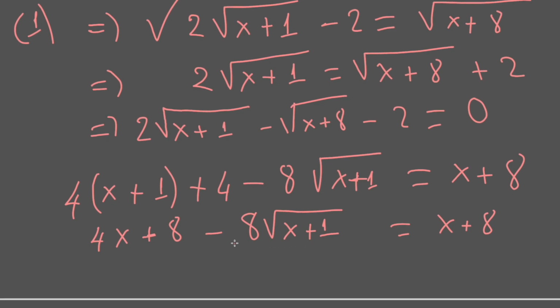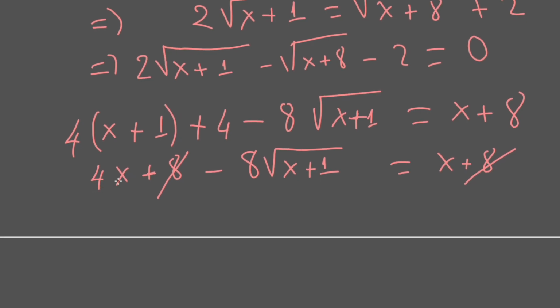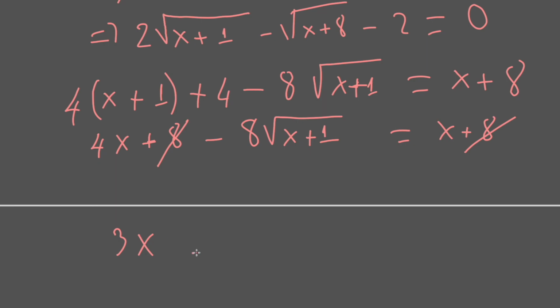Now, as I mentioned before, we have the same specific number on both sides of the equation. It's a. We can remove that, and we can simplify the x. By this way, we have 3x equal to 8 square root of x plus 1.